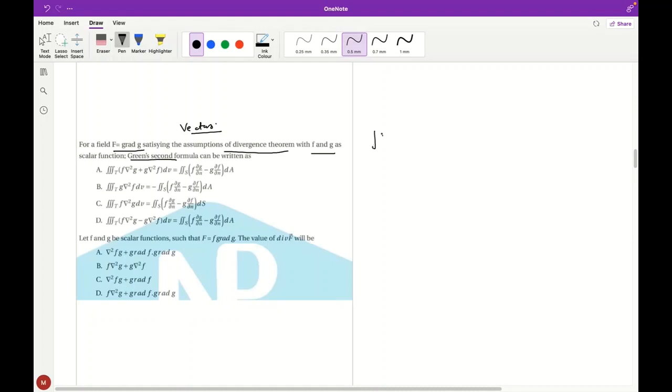Green's second formula is this: over region D, the integral of u del square v minus v del square u dV equal to the integral over the boundary of D of u del v over del n minus v del u over del n dS.